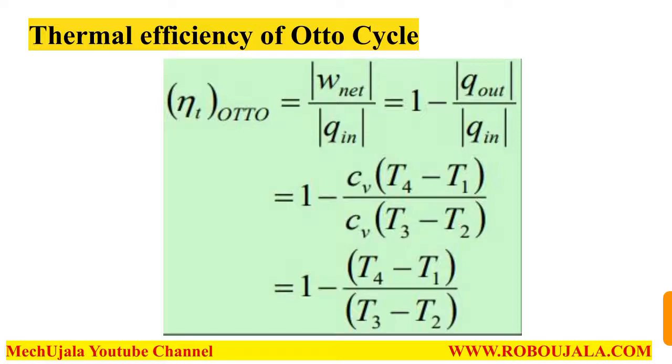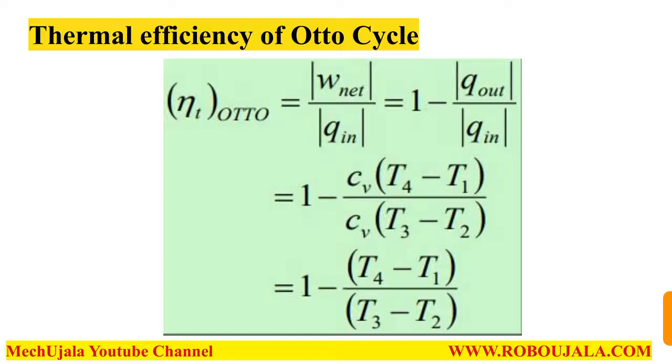Then we can write 1 minus Cv (T4 minus T1), because this cycle is in constant volume, so we will use Cv, specific heat, sorry, Cv, because of this constant volume. Then this Cv will be cancelled out. Then we will get the formula of efficiency for Otto cycle: 1 minus (T4 minus T1) upon (T3 minus T2).